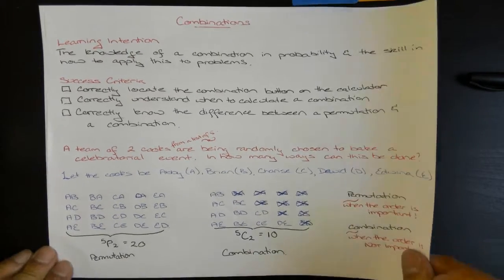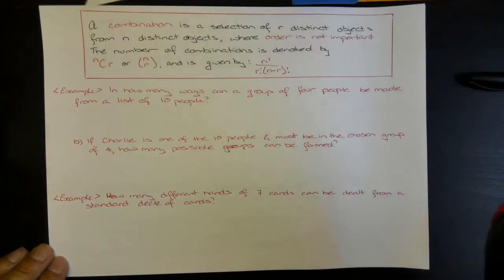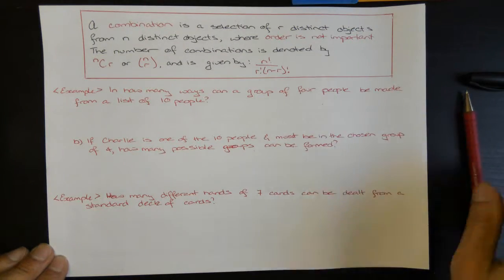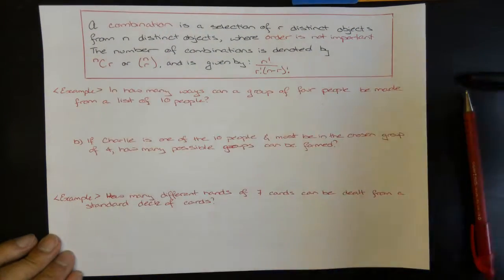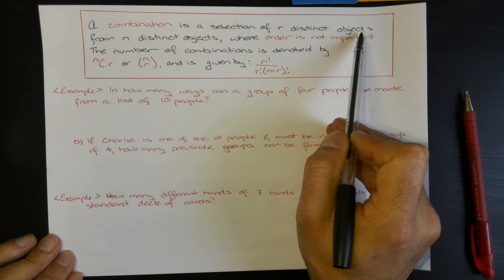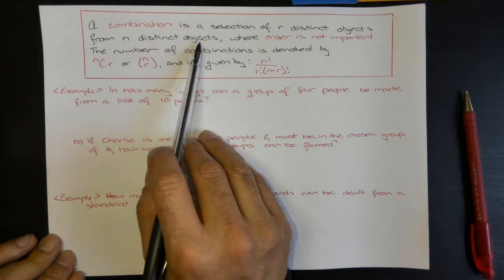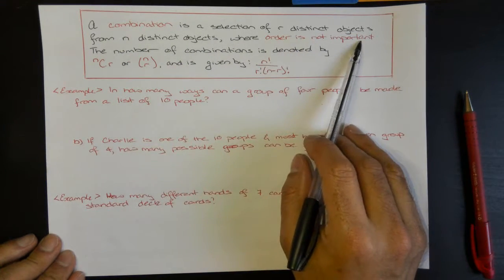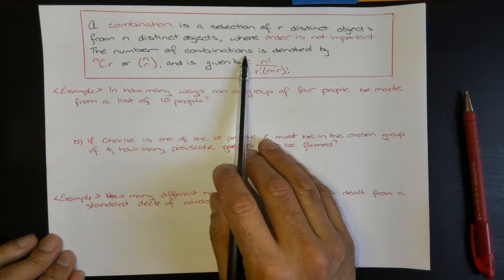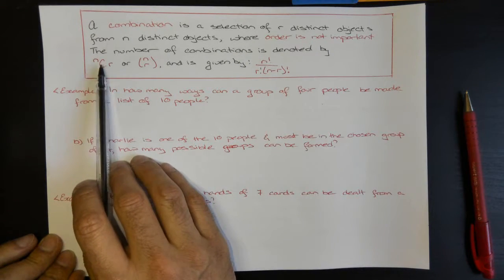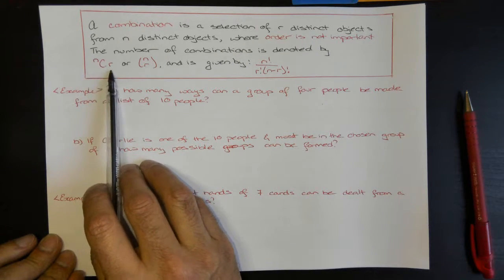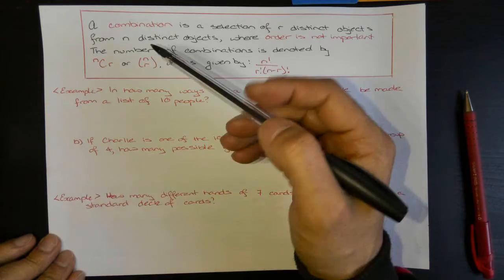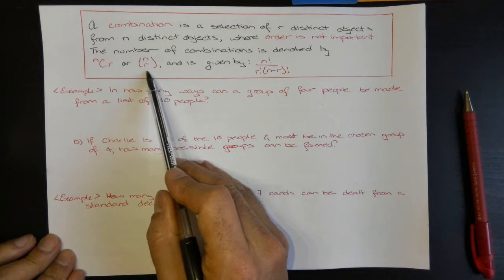Okay. So a combination is a selection of r distinct objects from n distinct objects, where order is not important. The number of combinations is denoted by n choose r, or n combined with r. It can also be written in brackets n over r.